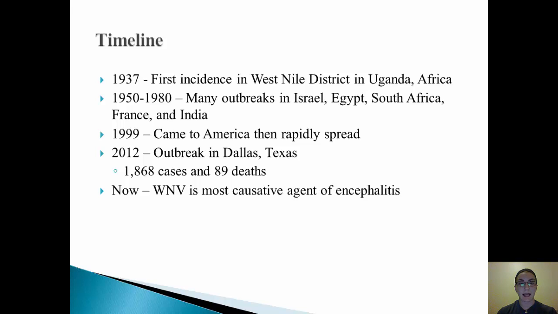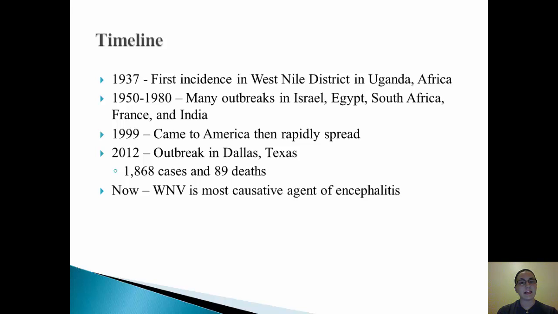I also thought that the timeline of discovering and the incidence of this virus was very interesting. The first time it was discovered was in 1937 in the West Nile district in Uganda, Africa, when a native woman was being tested for a parasite.